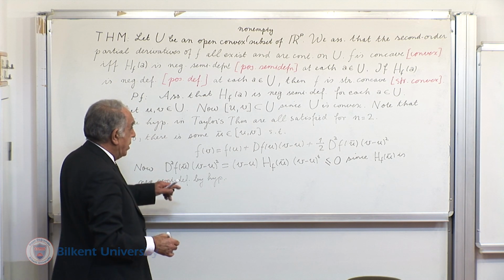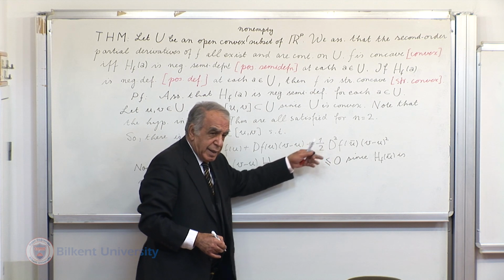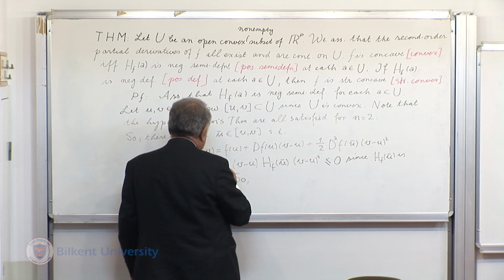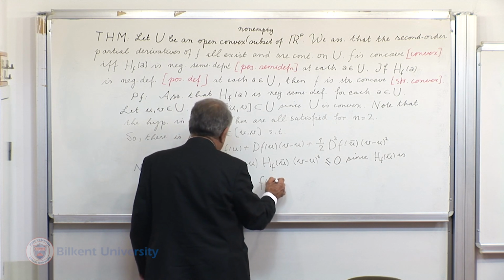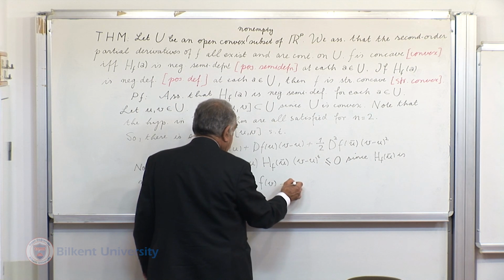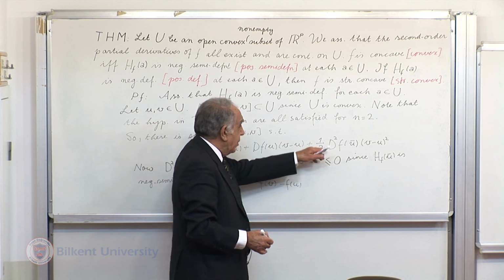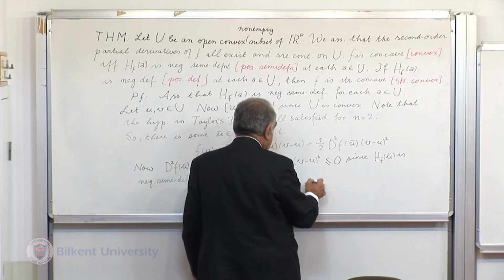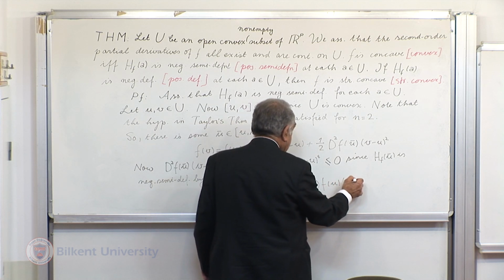But then, 1/2 times that is less than or equal to 0 as well. So, if we rewrite it like this, f of v minus f of u minus this, well, that will be less than or equal to 0. So this means that we have df u at v minus u.